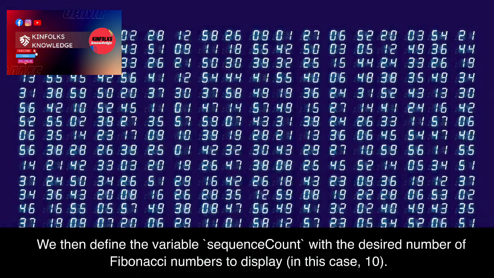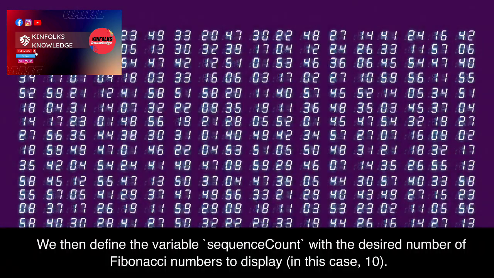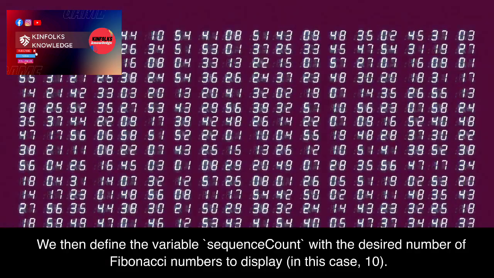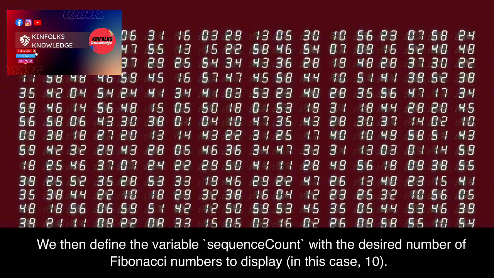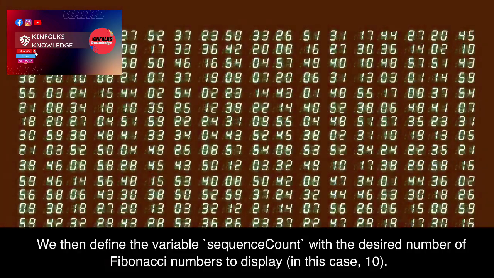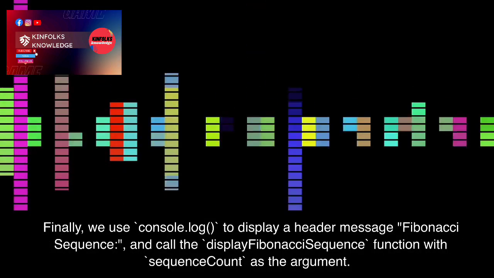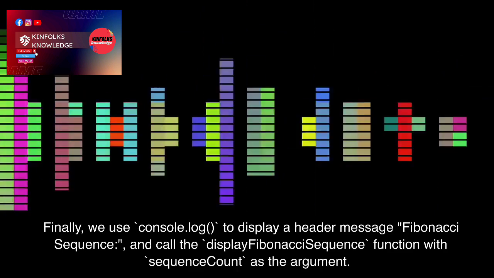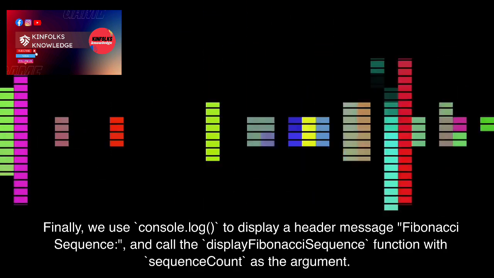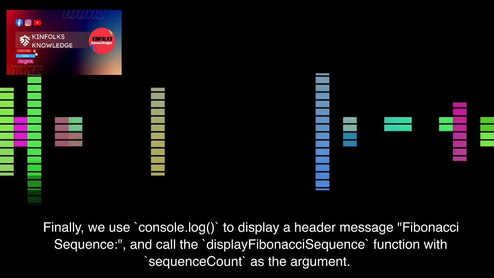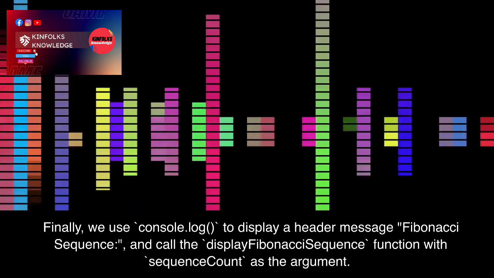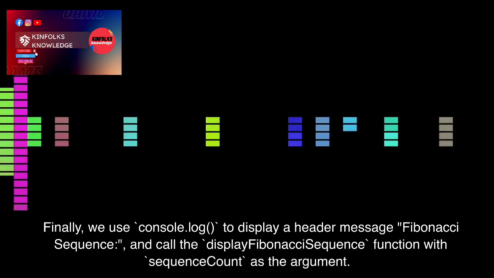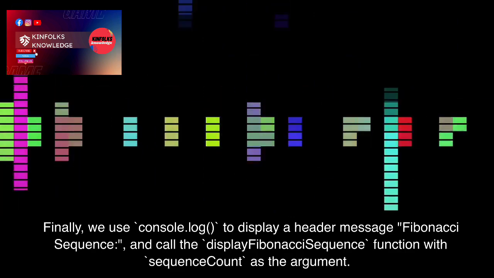We then define the variable sequenceCount with the desired number of Fibonacci numbers to display. In this case, 10. Finally, we use console.log to display a header message, "Fibonacci sequence", and call the displayFibonacciSequence function with sequenceCount as the argument.